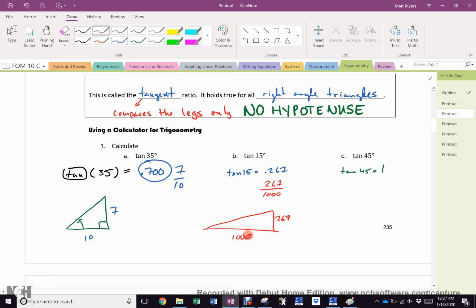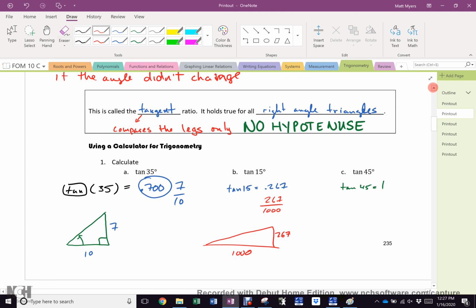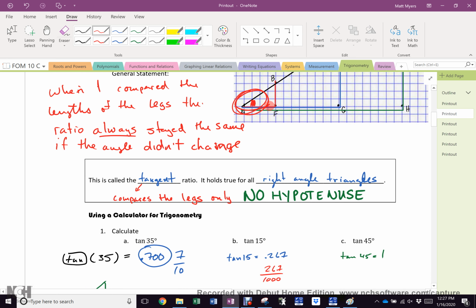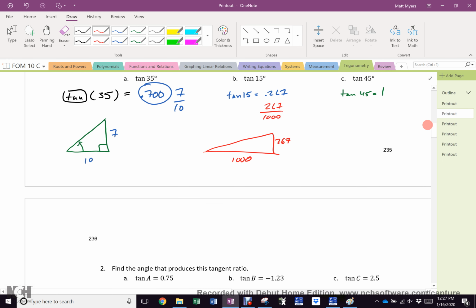Now, neither of them is 0.75, yes? So are either of these triangles the triangle we were working with earlier? No. So can angle A, right there, be 35? No. Would it be close to 35?